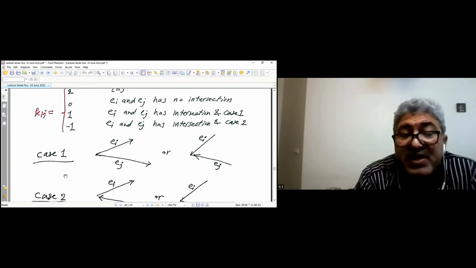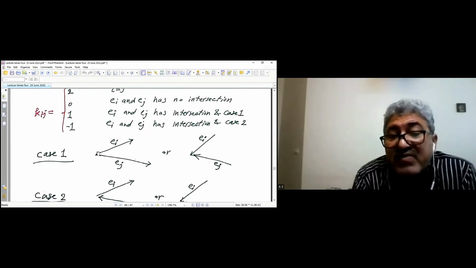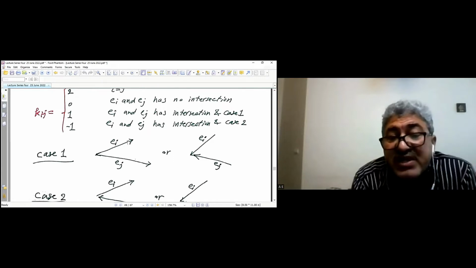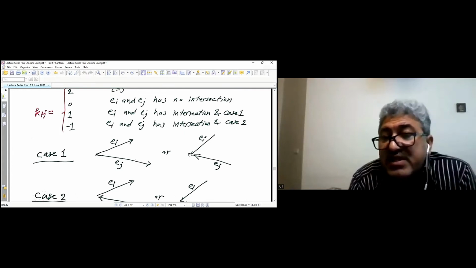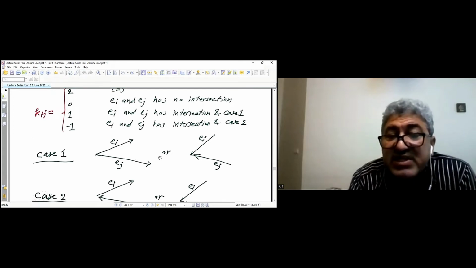Case one is that E_i and E_j have an intersection, but the directions of E_i and E_j are one of these two cases: from the intersection point, both directions are going out, or, in the second subcase, the directions of E_i and E_j are both coming into the intersection point. If for edges E_i and E_j, which have an intersection, the situation is one of these two cases, we put 1.